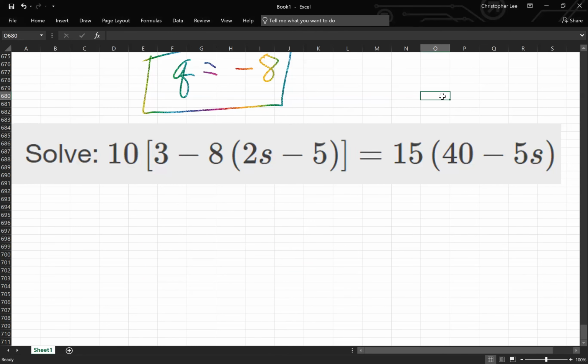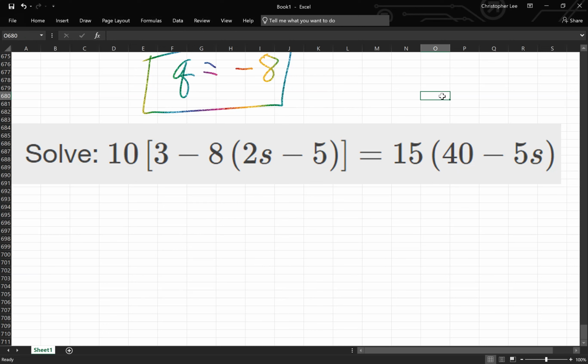All right, so this example is going to really force us to use our PEMDAS a little bit, right? So I have 10 times 3 minus 8 times 2s minus 5 is equal to 15 times 40 minus 5s, all right?